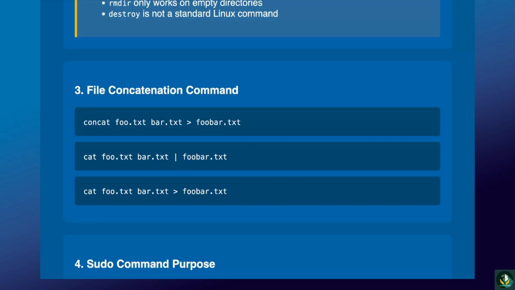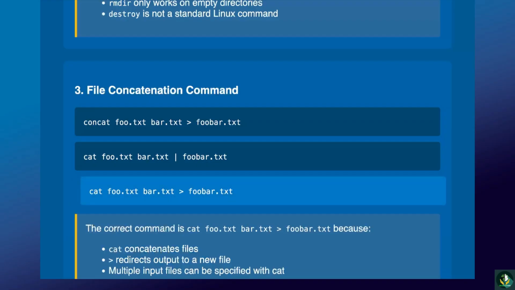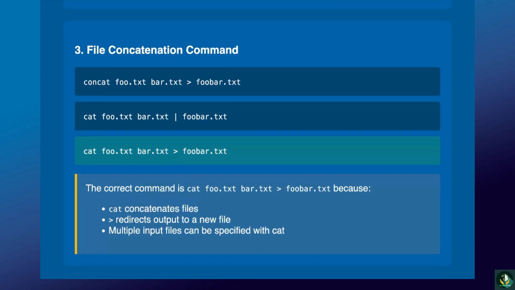And the correct answer here is this option, cat foo.txt bar.txt redirected to the foobar.txt file, because cat concatenates these two files into one file, and then we get it redirected to a new file named foobar.txt. And please know that multiple input files can be specified with the cat command.